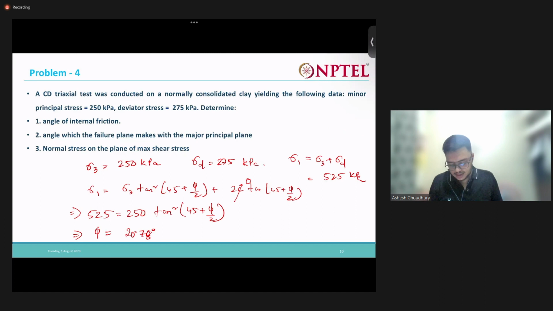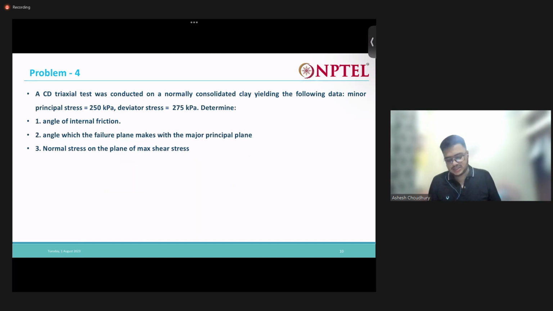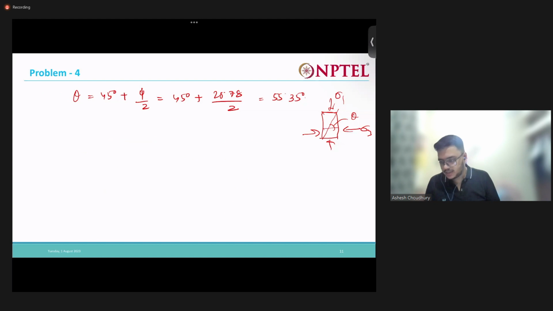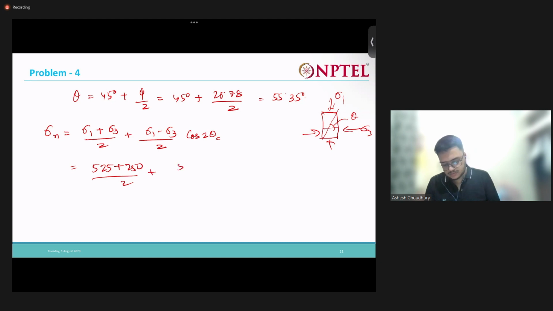Now the third part, the normal stress on the plane of maximum shear stress. For that, the normal stress is equal to (sigma 1 plus sigma 3) by 2 plus (sigma 1 minus sigma 3) by 2 cos 2 theta. So, (525 plus 250) by 2 plus (525 minus 250) by 2 cos 2 theta.